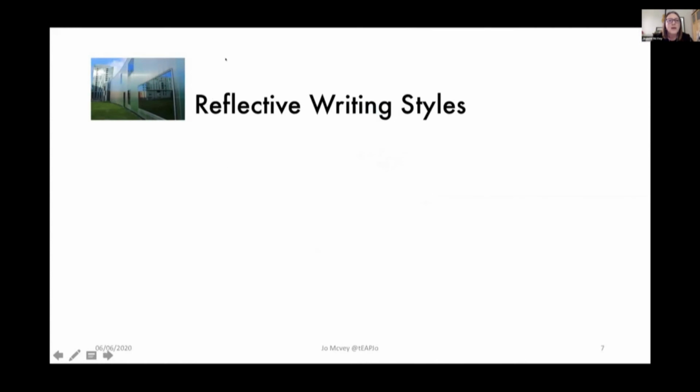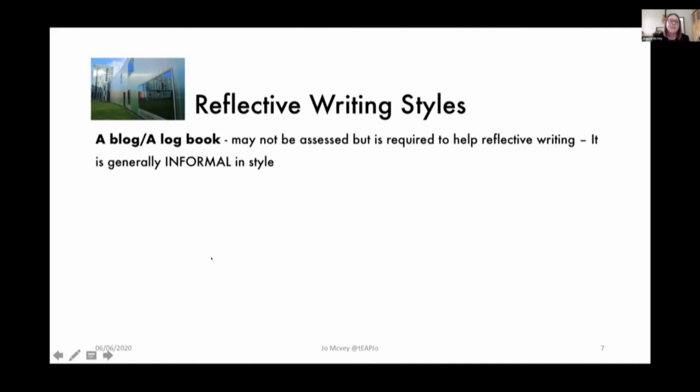So as I said, it's a writing style. Often at university, we teach and talk about writing styles, academic writing, and reflective writing is a very specific way to write, and it can be a challenge. As I said earlier, it can be a blog or a logbook, which is actually an assessed piece of writing.